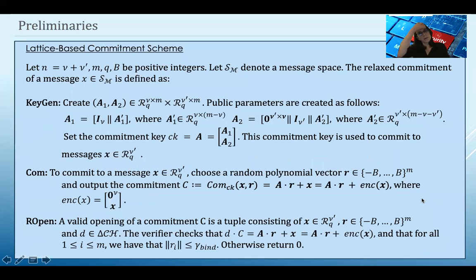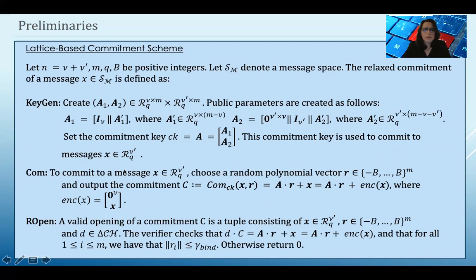Okay, we are using a lattice-based commitment scheme in our constructions. Therefore, I will also briefly review the commitment scheme. It consists of the following three algorithms: the key generation algorithm, which generates a commitment key A. It is composed of the two matrices A1 and A2, and this commitment key is used to commit to messages X, which are elements from the polynomial ring of dimension nu prime.